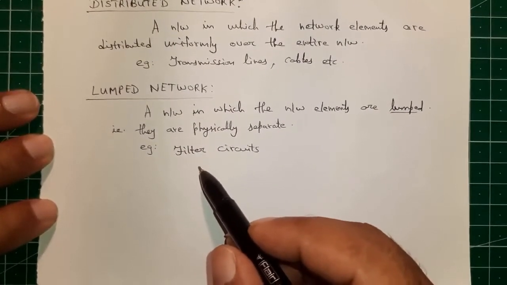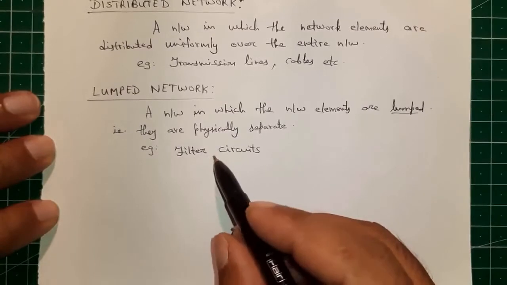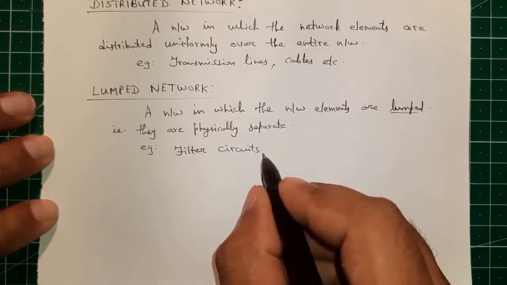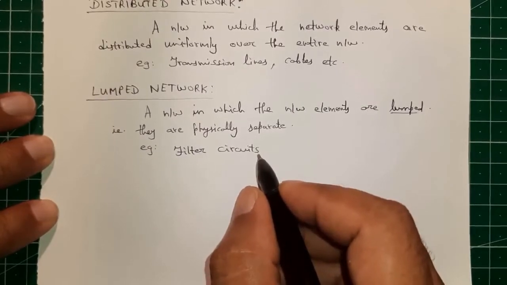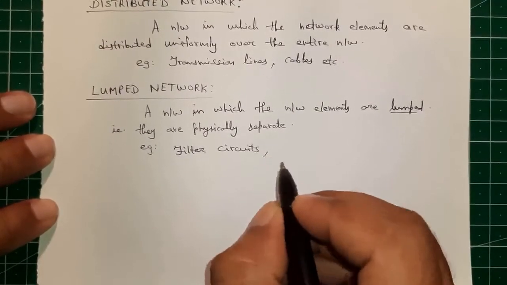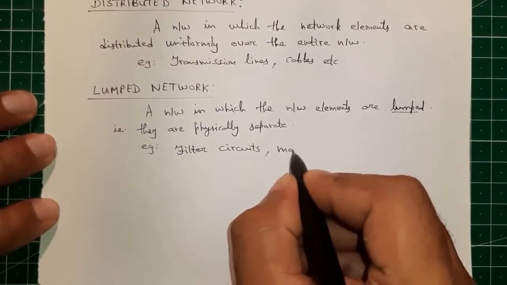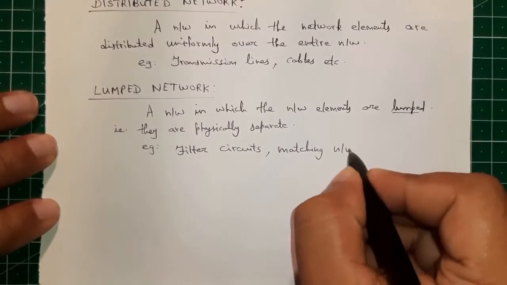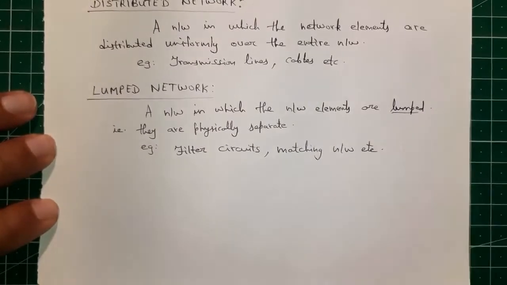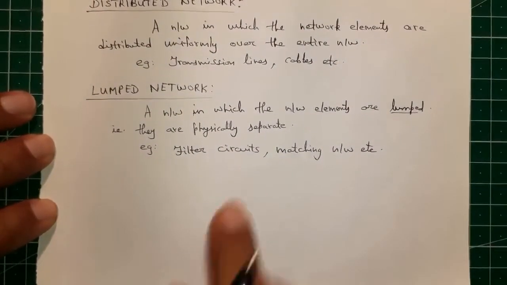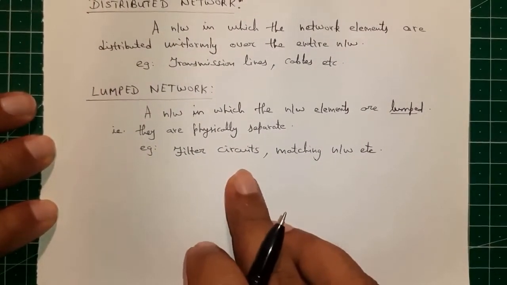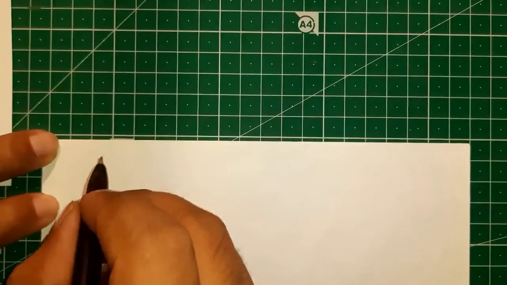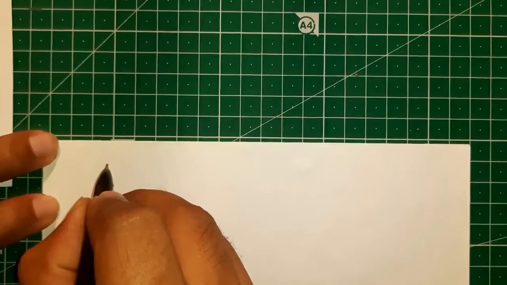In RC filters we will have separate resistors, capacitors, etc. Similarly, matching networks, etc. So we have individual capacitors, resistors, inductors, etc. in a lumped network. Next, let us take a review of a two-port network.